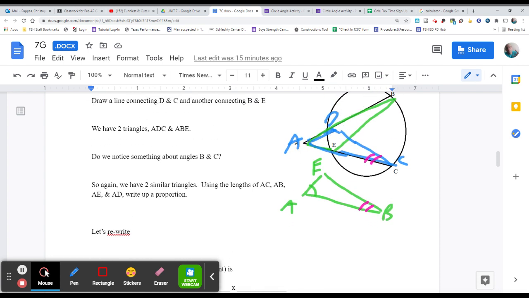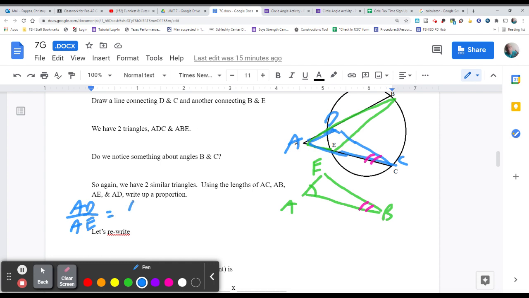We know that AD corresponds with AE. So we can go AD over AE is going to equal AC, because that's part of this triangle right there, over AB.